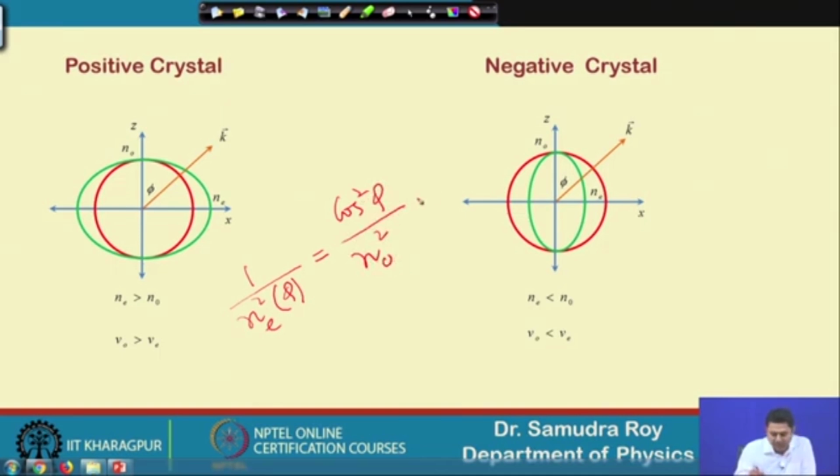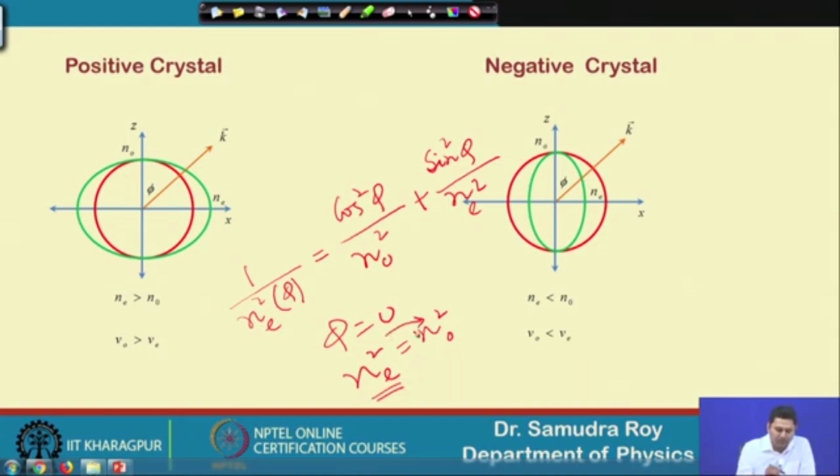This is the same equation that was shown. So, when phi is equal to 0, then NE squared is nothing but NO squared. That means, the value of NE is coinciding with the value of NO. That means, this is the point I am talking about.